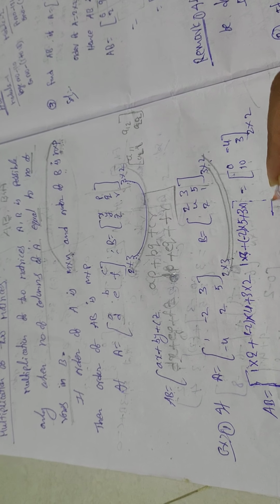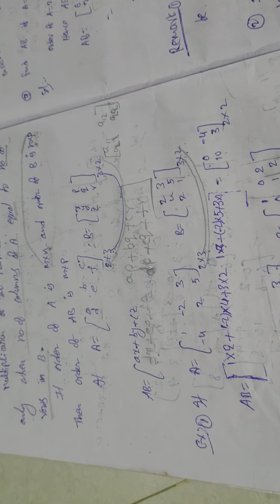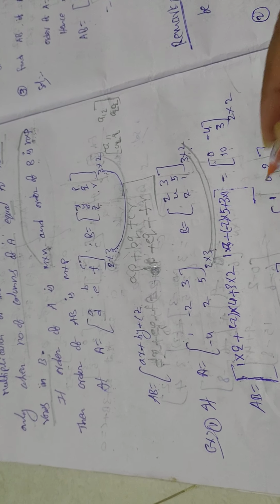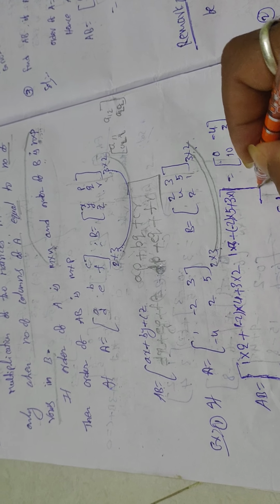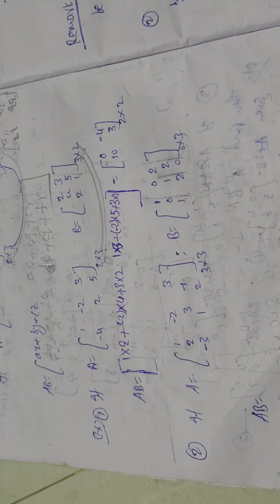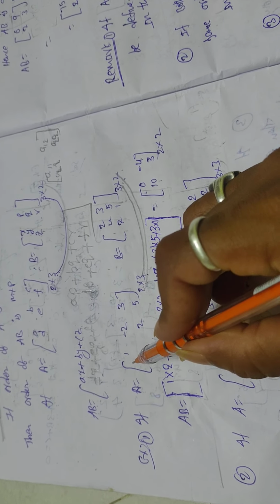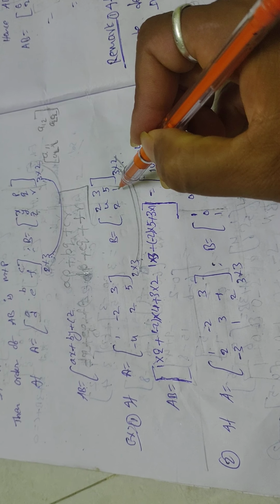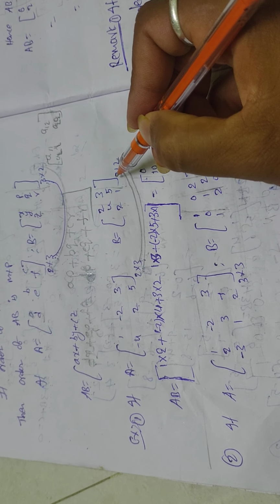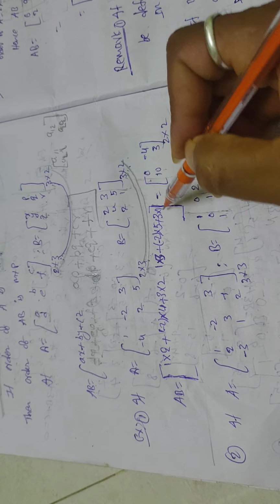So the first row is completed. Okay. Same. So we have this row to column. If we have one more column, we have to continue the procedure. So there is no more column, so stop here.